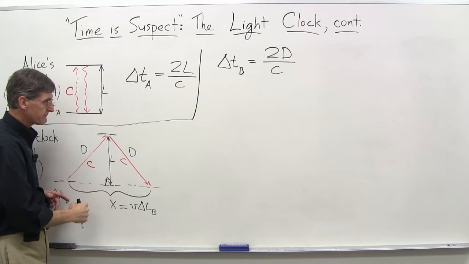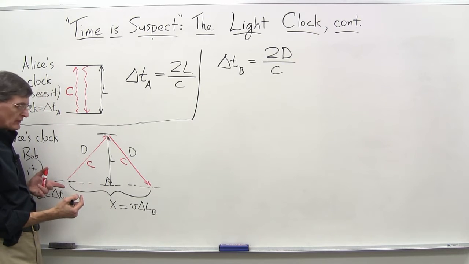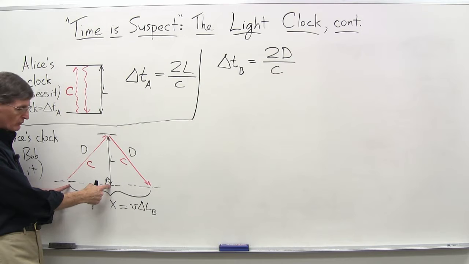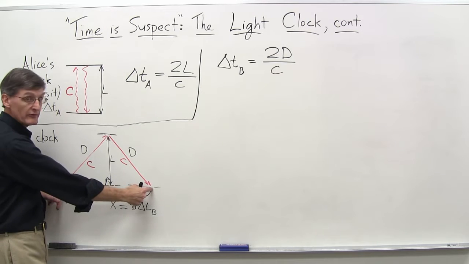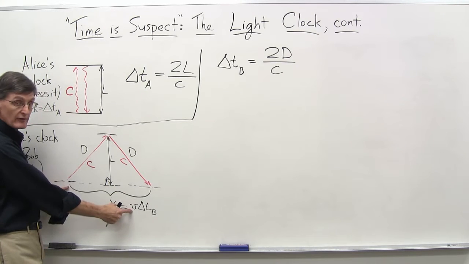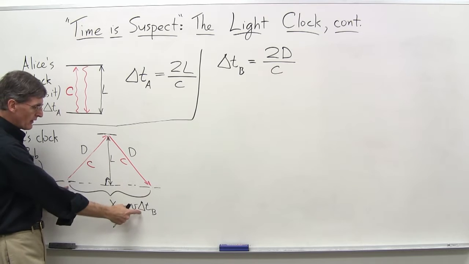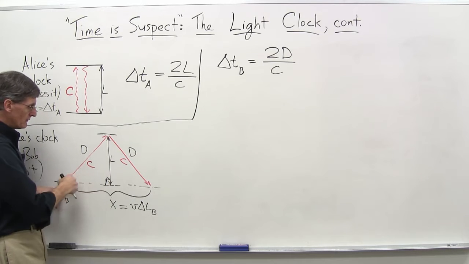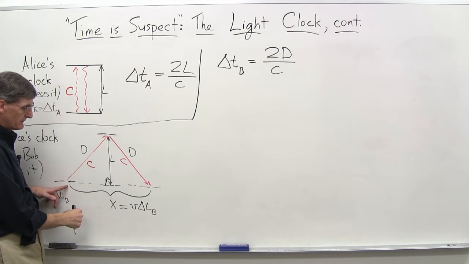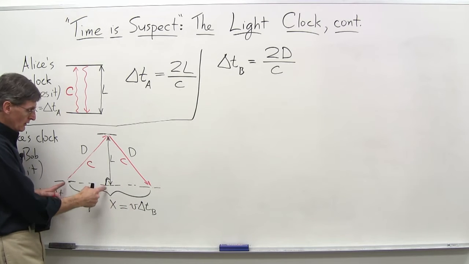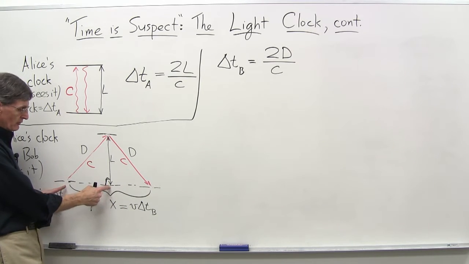Pythagorean theorem. So the question is, what is this side right here? Well, we said this distance here was x, which was the velocity of Alice and her clock times the tick time as Bob observes it, the time to go from there to there. So that's good. And this is x over 2. So this divided by 2 essentially is this side.